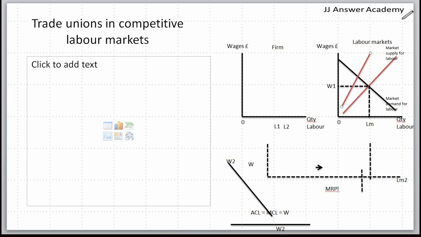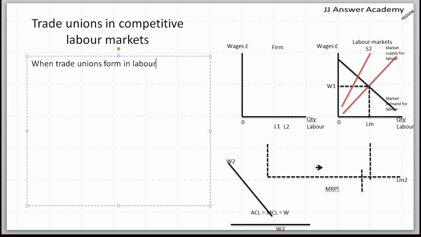Why do you think this supply curve will actually shift to the left? How can the labor supply curve move to the left? What could be the reason? Is it because of lower wages?